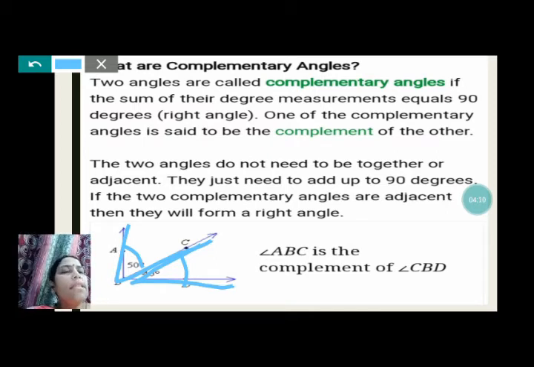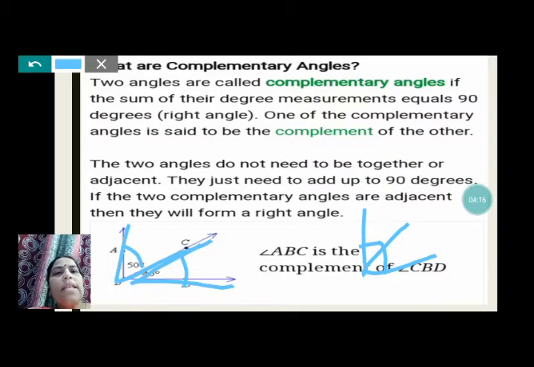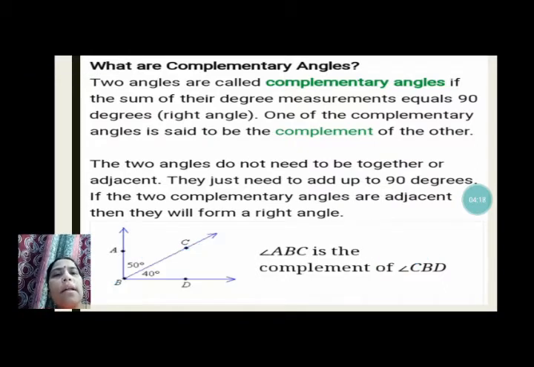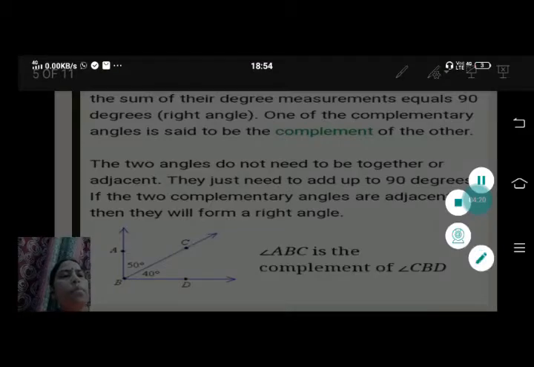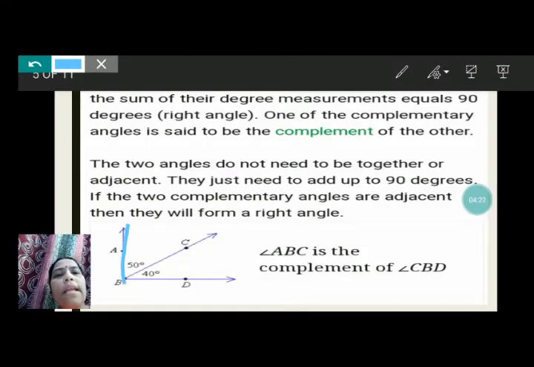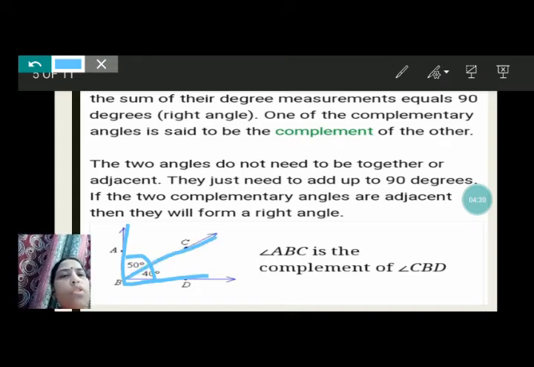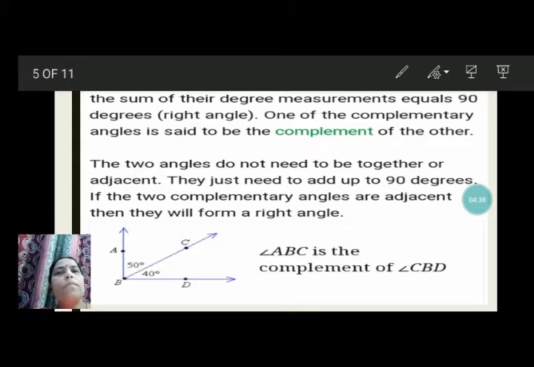Like in this, you can see 90. So 40 degrees plus 50 degrees makes 90 degrees, and they are adjacent to each other. That means they are attached to each other and they are making a right angle. 90 degrees makes a right angle.